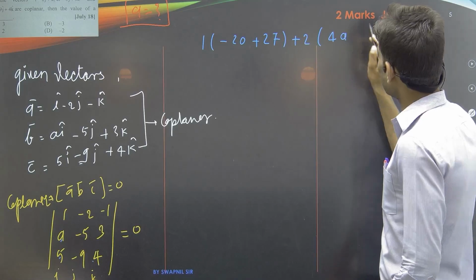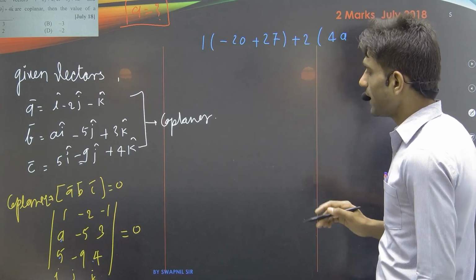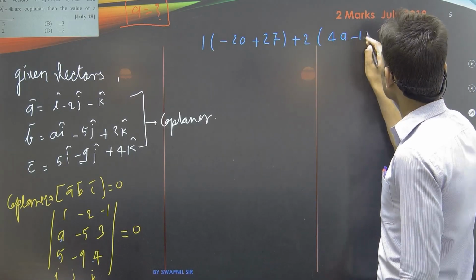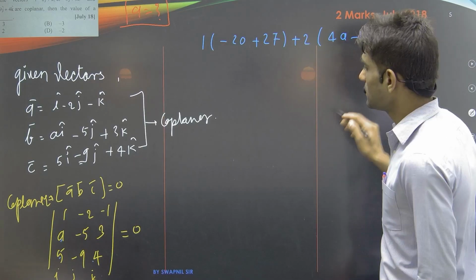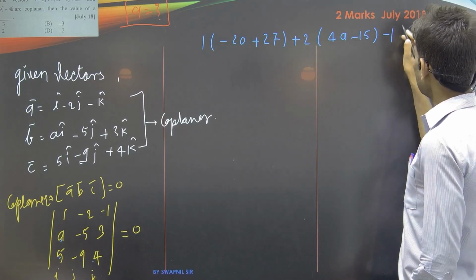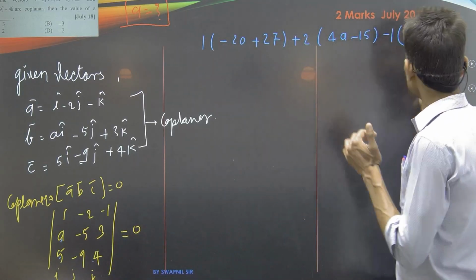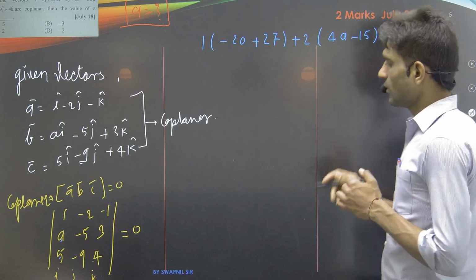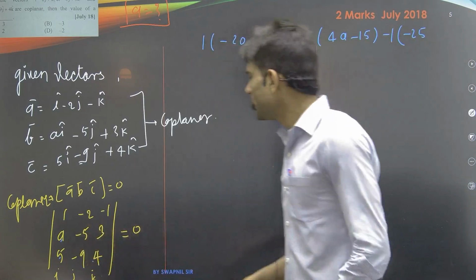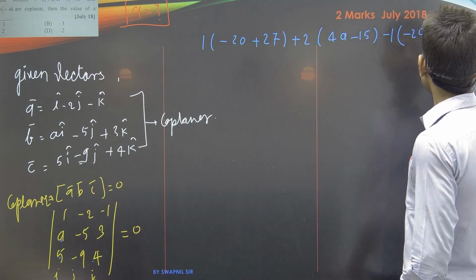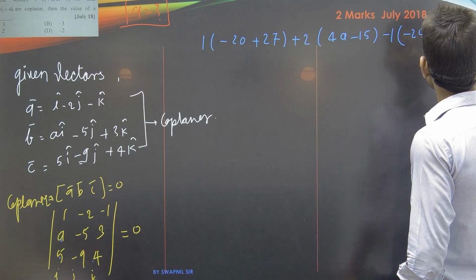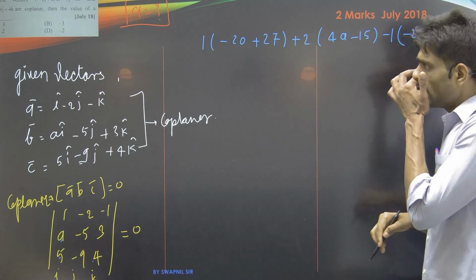Plus into minus of 1, the last 2 by 2 determinant: 5 fives are 25, so negative 25, minus a into 9, so plus 9 times a. This is the expansion of our determinant.